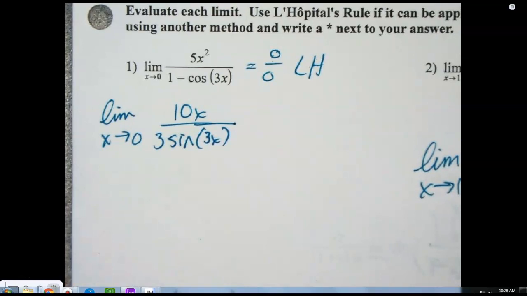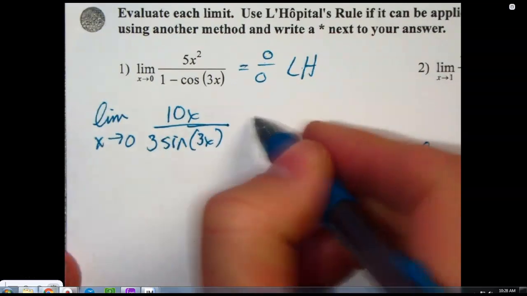Try to plug it in, see if you get it. So 10 times 0, still 0.